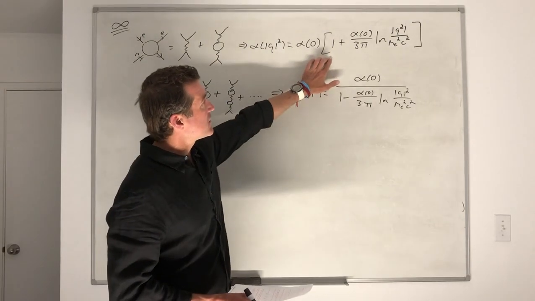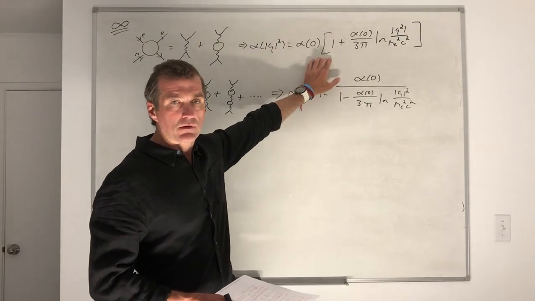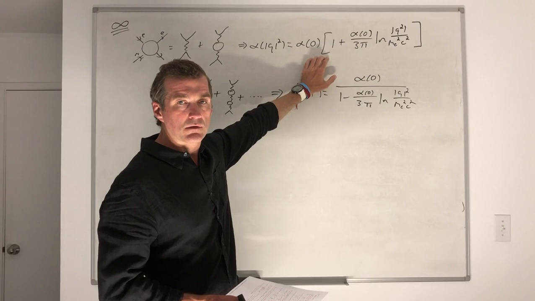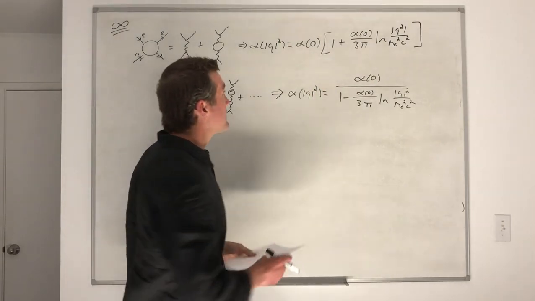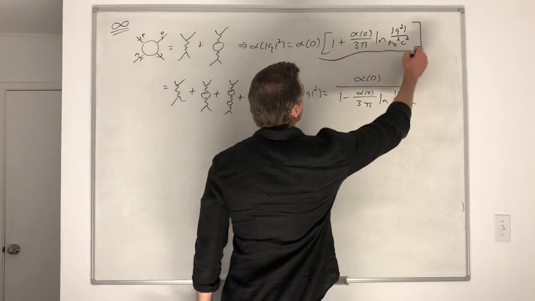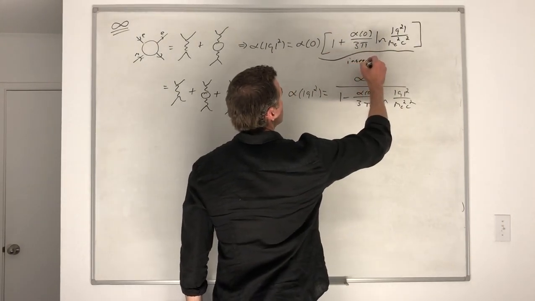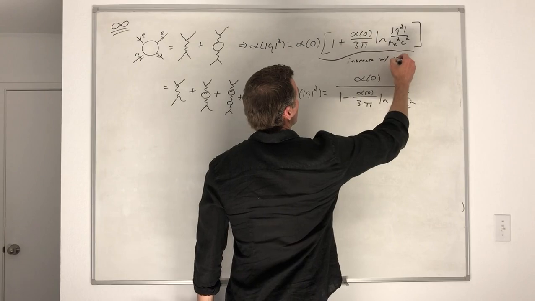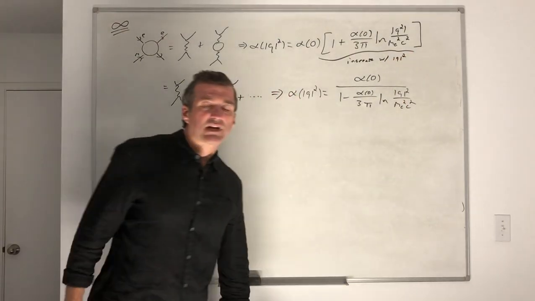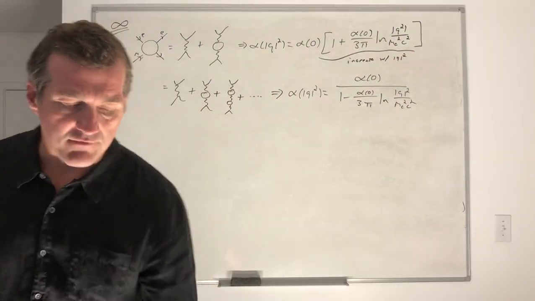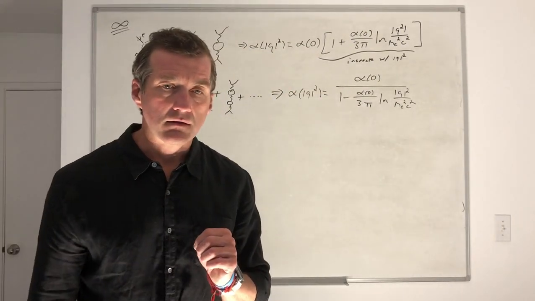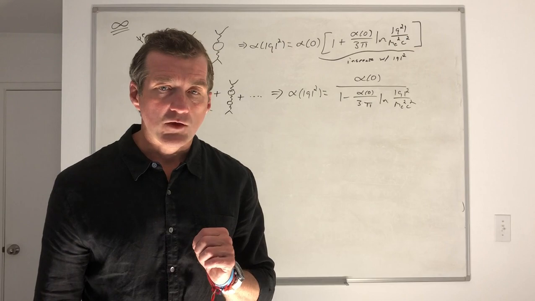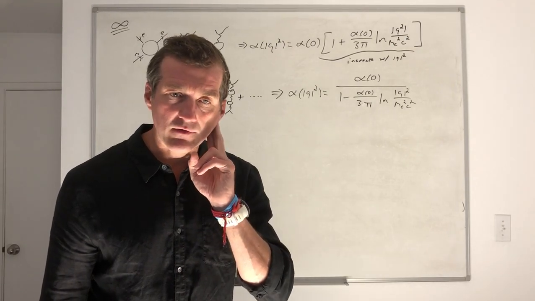What does this do as we increase Q? It goes up, right? So this increases with Q squared, which leads to our interpretation of this in terms of screening or anti-screening. You remember the screening part of the story?